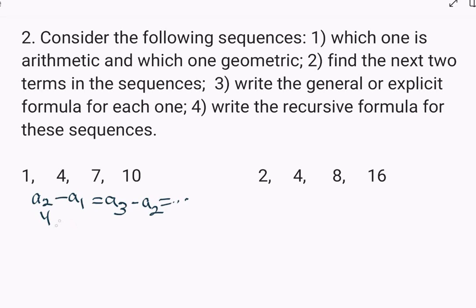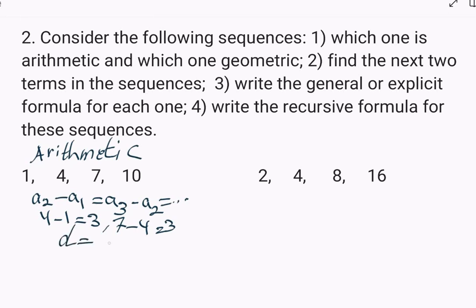So 4 minus 1 equals 3, 7 minus 4 equals 3, and it continues. So here we have the arithmetic sequence, and d equals 3. How about the other side?